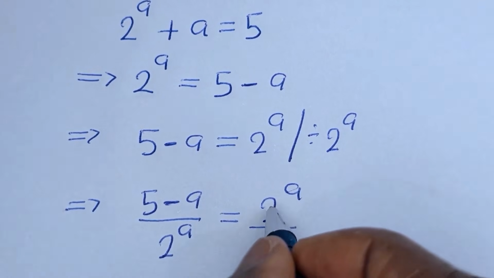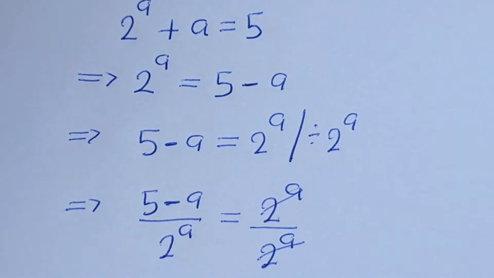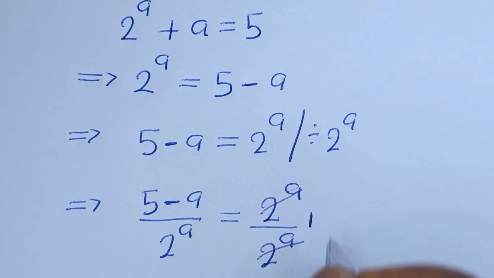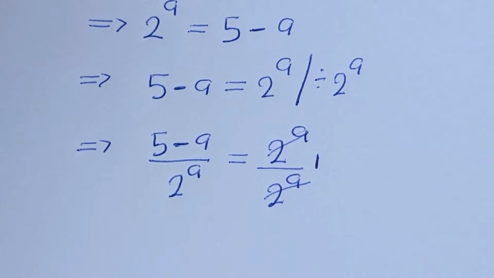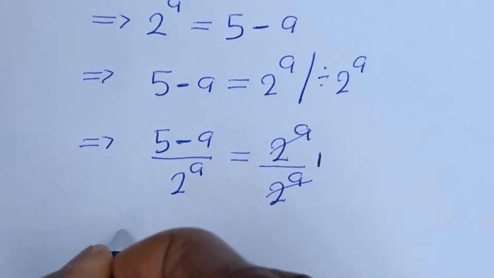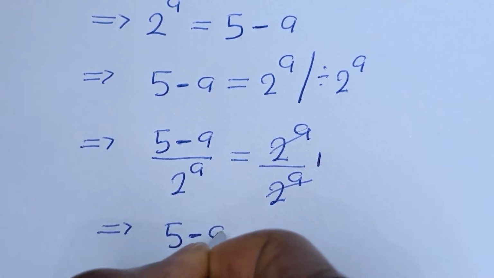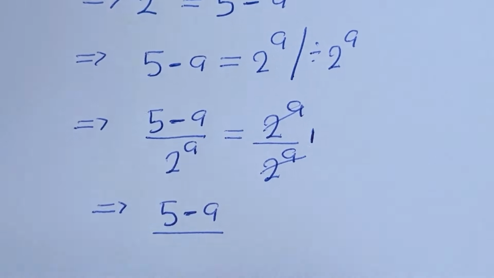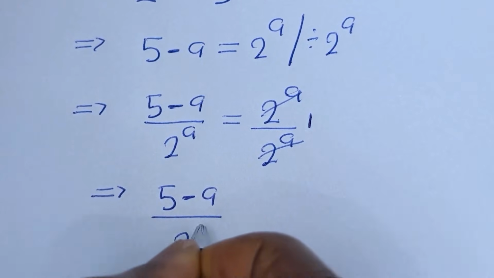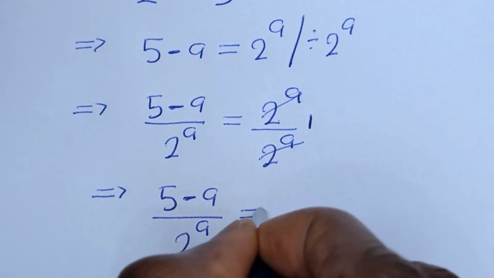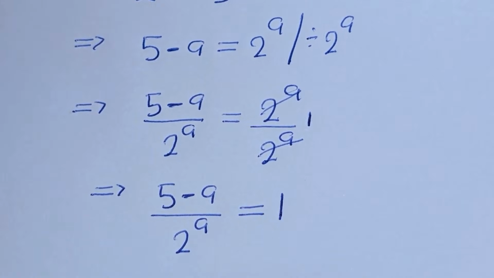This 2 raised to power a cancels this 2 raised to power a, which is 1. Then we have 5 minus a divided by 2 raised to power a is equal to 1.